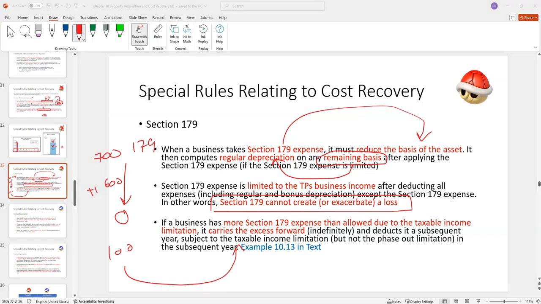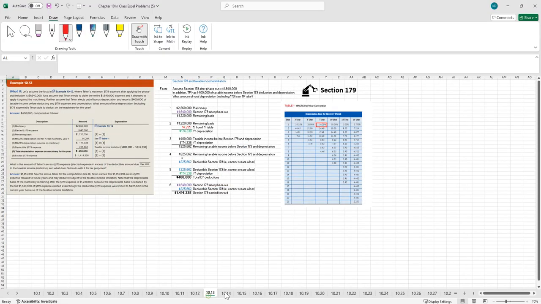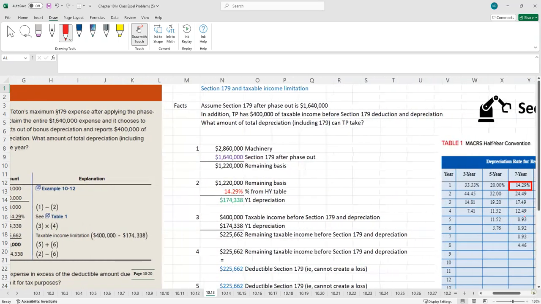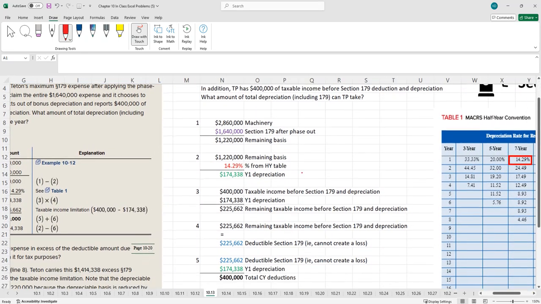So you can look at 1013 here. That actual calculation is a little bit different. Don't get too bogged up on it during the exam. But here's the idea: what we put in service, there's our allowable 179, there's the leftover that we're going to use regular MACRS on.